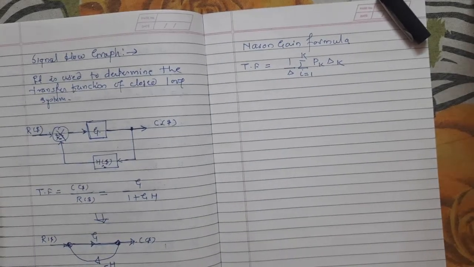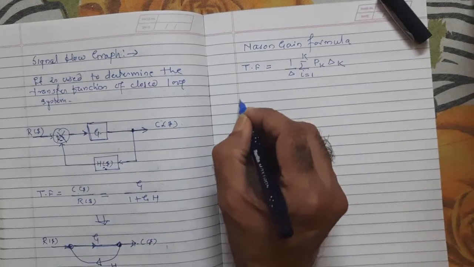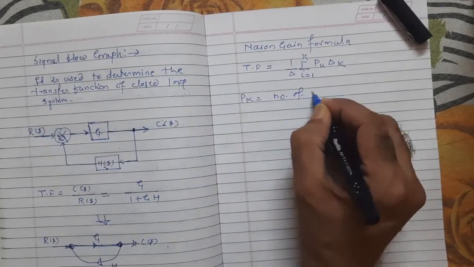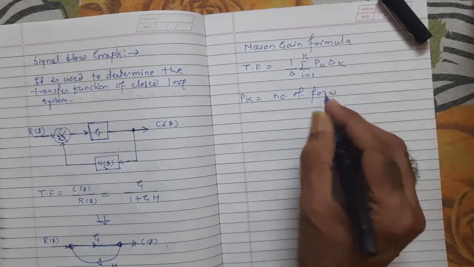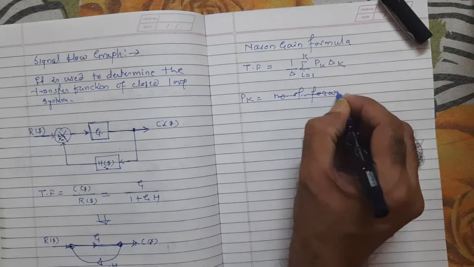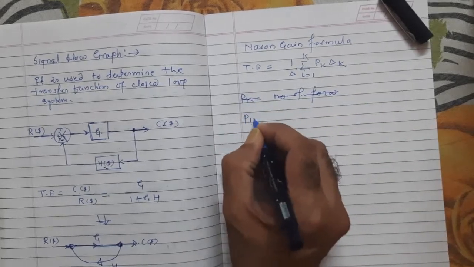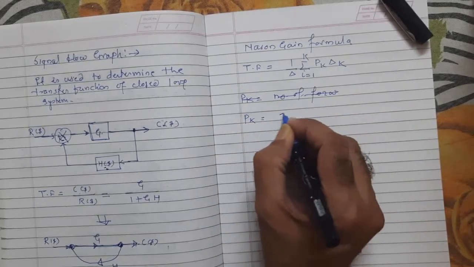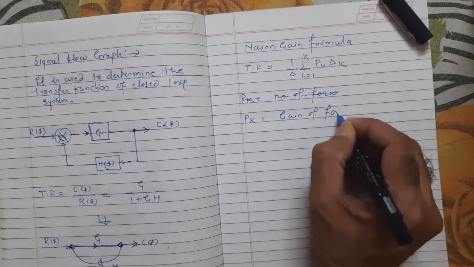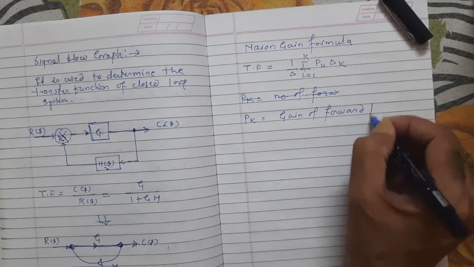Now see here, we will see what is Pk. Pk is the gain of the forward path, where k is the number of the forward path.